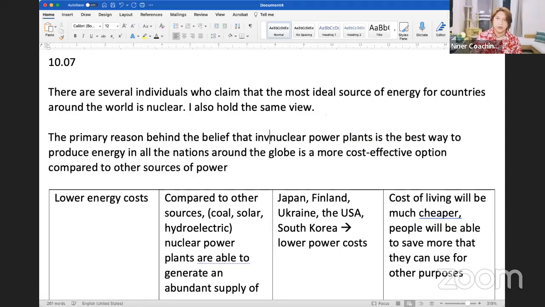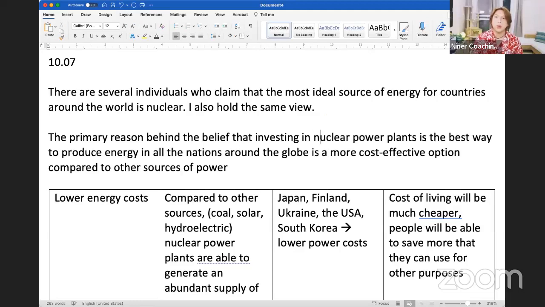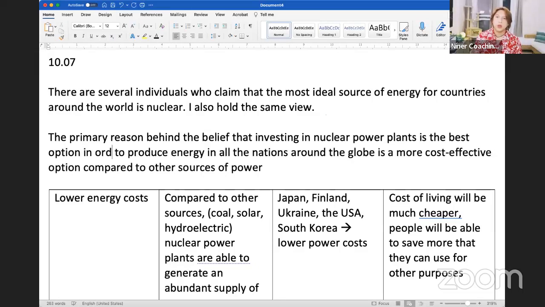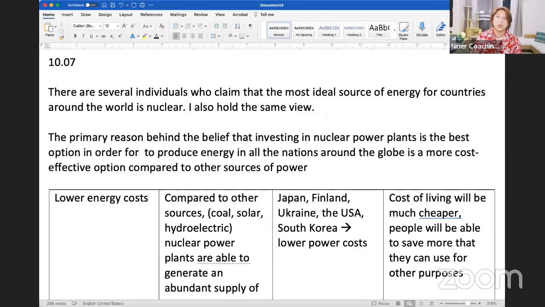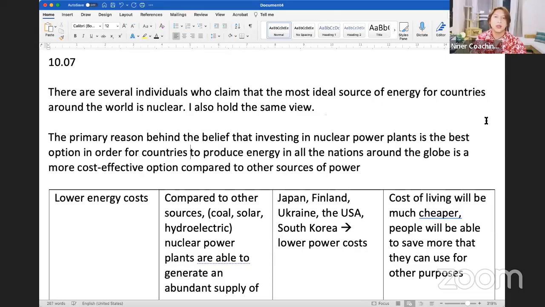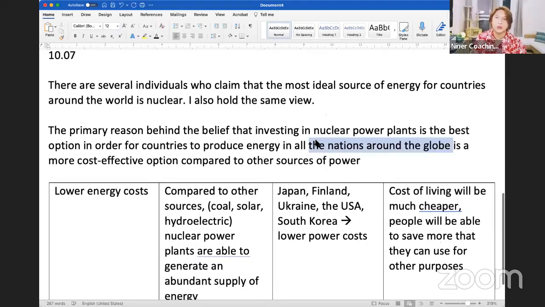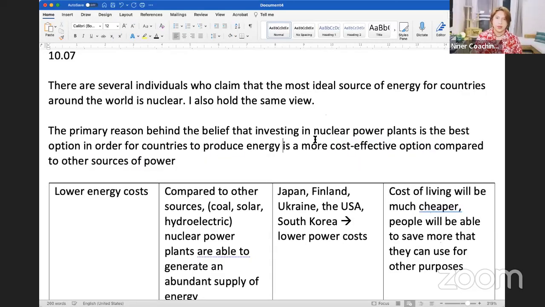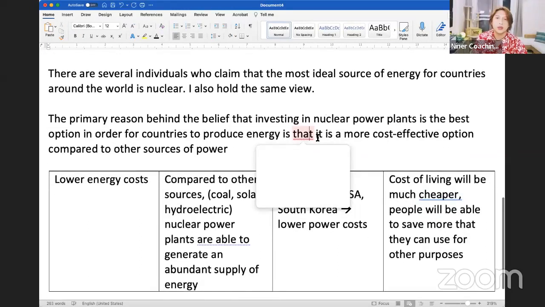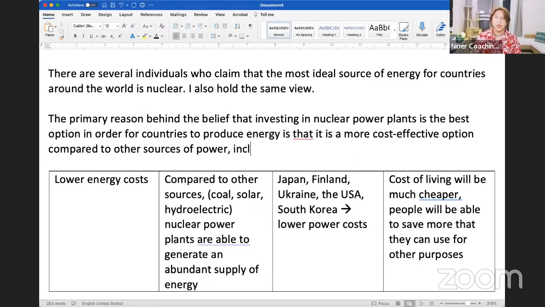Investing in nuclear power plants is the best option for countries to produce energy, is that it is a more cost-effective option compared to other sources of power, including coal, solar, and hydroelectric.